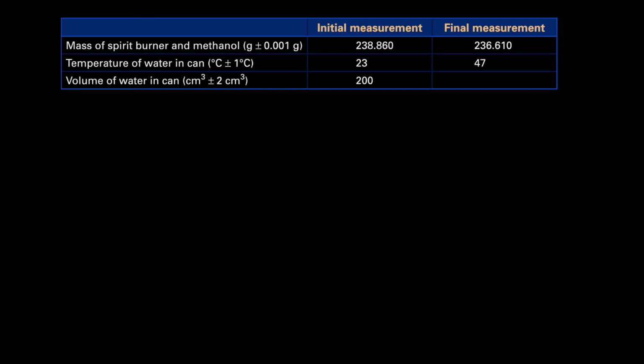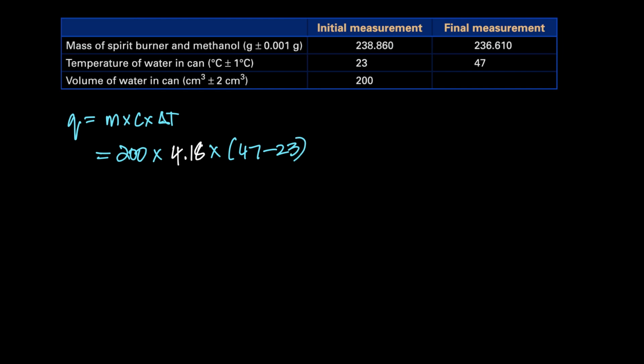Well, first, the method is kind of the same. You still have to have a Q. In this case, you will not talk about the methanol burning. You will talk about the water gaining heat. So there was 200 grams of water. Let's say the C is 4.2, or let's say 4.18 now. And the temperature rise was 47 minus 23.